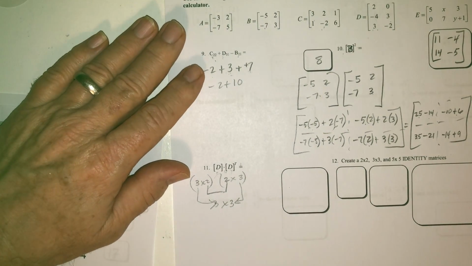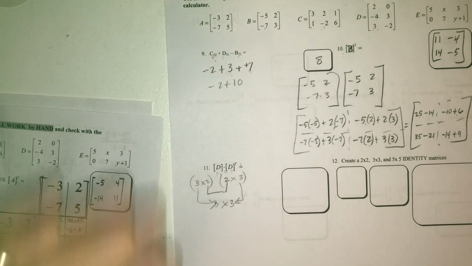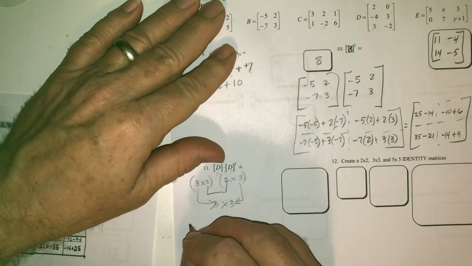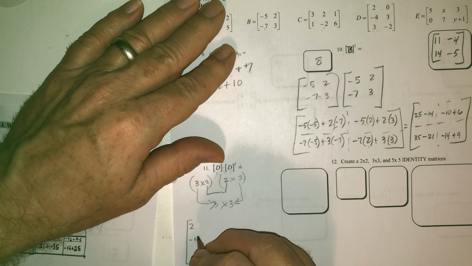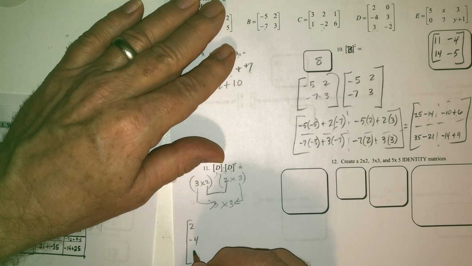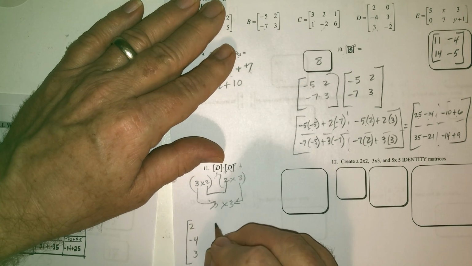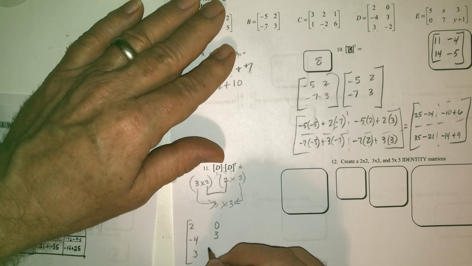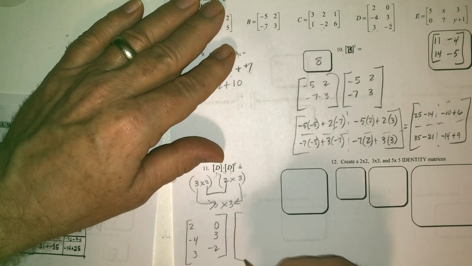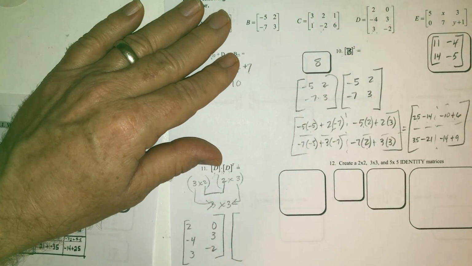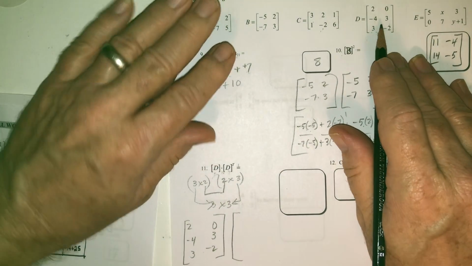All right, so this is possible, and that means I'm going to write down D. So I'm going to do D, which is 2, negative 4, 3 for column 1, and 0, 3, negative 2 for column 2. And then I'm going to multiply that times D transposed.